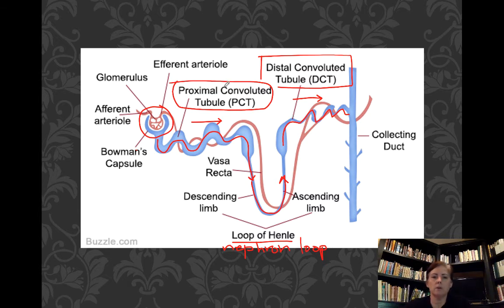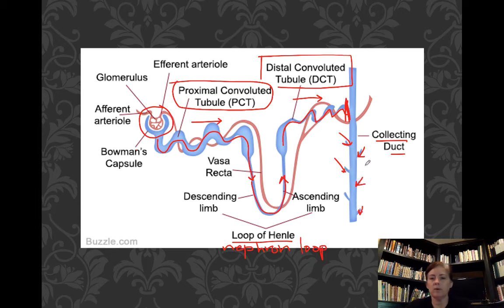Once we stop at the distal convoluted tubule, that's the end of the renal tubule, because what we drain into at that point is called a collecting duct. We have many distal convoluted tubules from many different nephrons draining into that collecting duct.